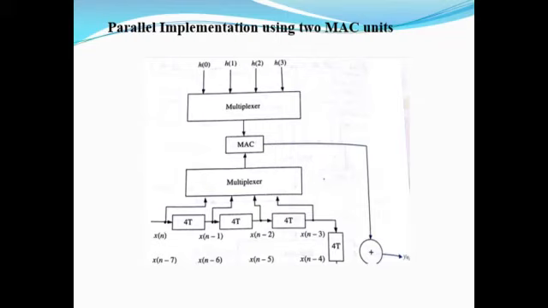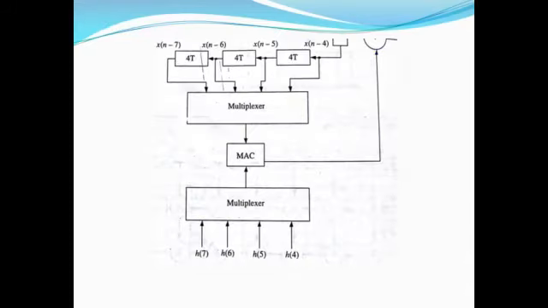Then what we have is a parallel implementation using 2 MACs. So here we are using 2 MAC units wherein 4 coefficients are taken into 1 MAC unit through a multiplexer, and 4 input samples are taken into the MAC unit using the multiplexer. So this is the parallel implementation what we can see using 2 MAC units.